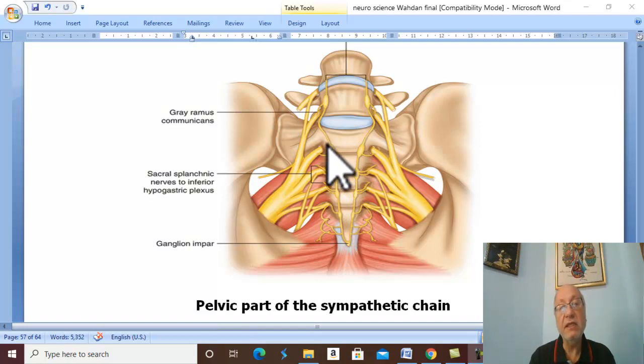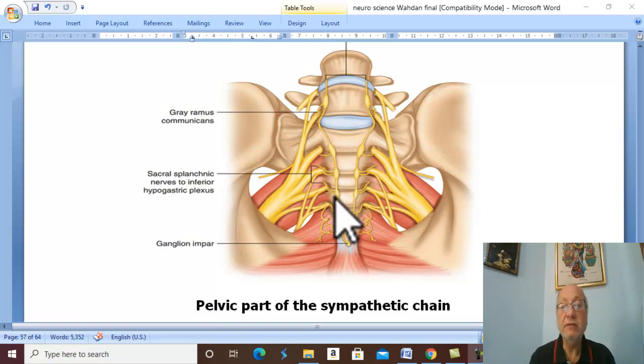The sacral part of the sympathetic chain passes in front of the sacrum, just medial to these foramina. What are these foramina? These are called sacral foramina. In the middle line here passes an artery called the median sacral artery, and the sympathetic chain passes just lateral to it.